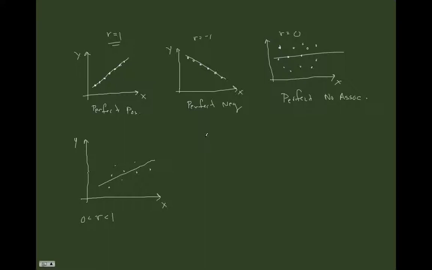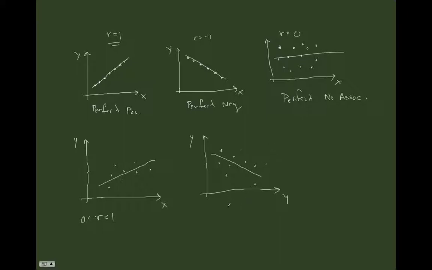And then the other practical situation that we fall into is where the relationship between the variables is a negative relationship. Again, the points don't fall exactly on the line. There's variability, and the points are scattered around the line somewhat.